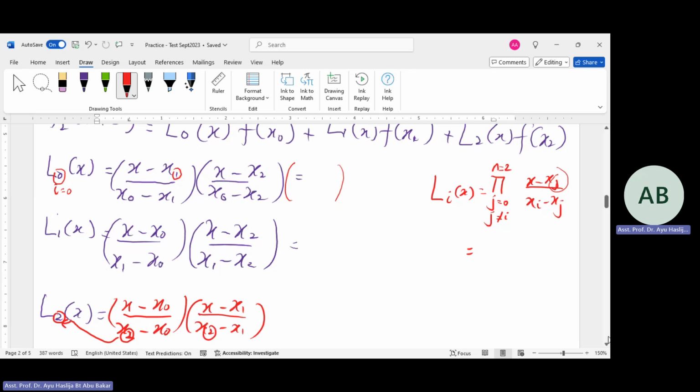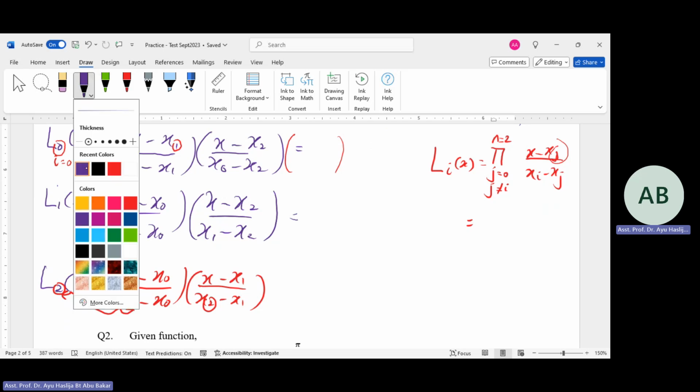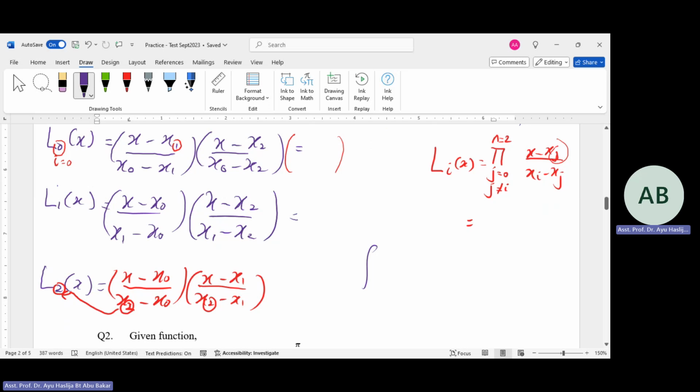Okay, the final answer just now most of you got, what is it? F2 at 1.75 is 7 point what just now? 94. 7.94. Okay, that is the final answer.